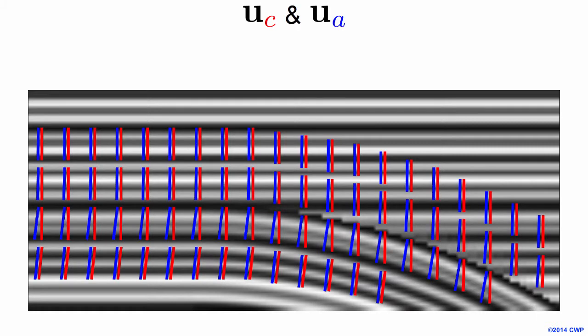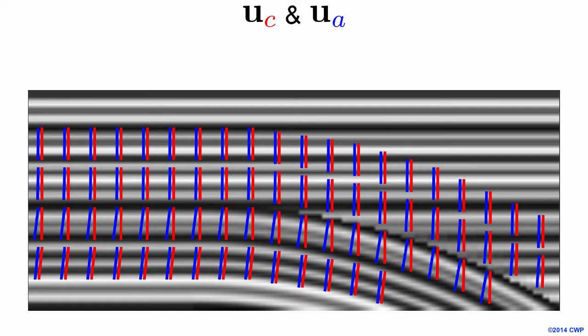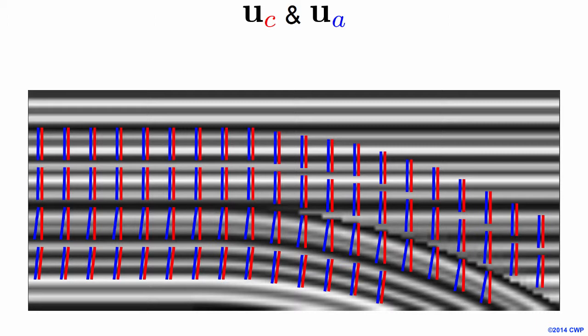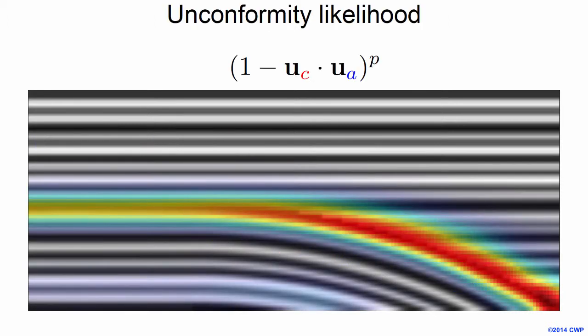Comparing to the seismic normal vectors UA denoted by the blue segments, we can observe that these two vectors are only different at the unconformity. Therefore, an attribute that evaluates the difference between these two vector fields can be used to detect the unconformity. And our unconformity likelihood is such an attribute.